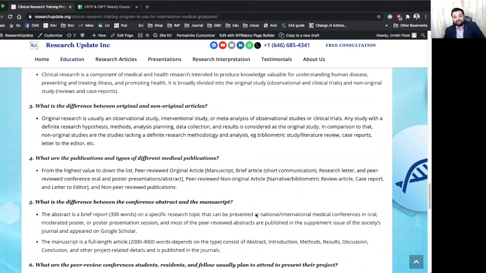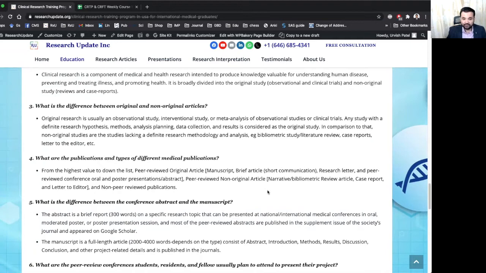Those are the original research. Then another type is peer-reviewed non-original articles, which covers literature review, case report, and letter to editor. And third are non-peer-reviewed publications, such as a speech or presentation you are doing at local conferences, at your hospital, or in your grand rounds.